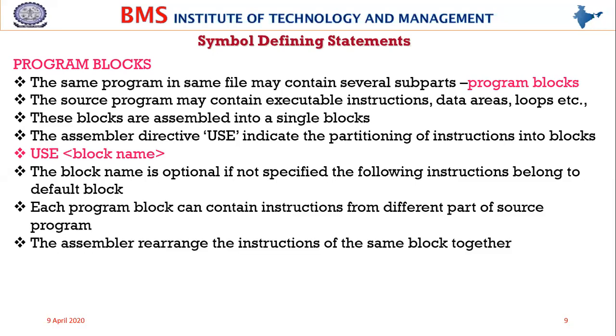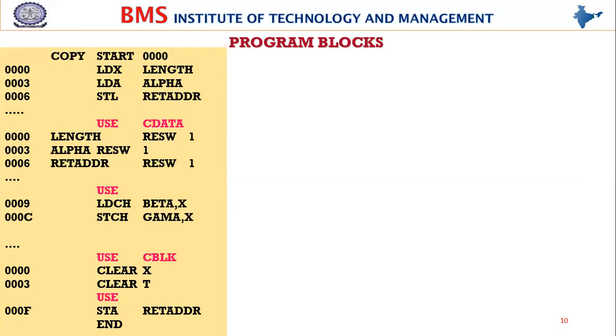We have seen an example yesterday, but we hurried, so we can now understand it level by level. The name of the program is copied and the start address is given as 0000, meaning the first instruction should start at address 0000. By default, any program will have one block that is called the default block.